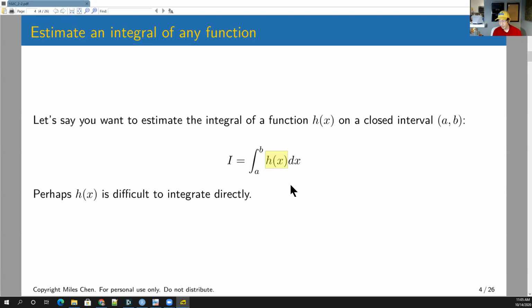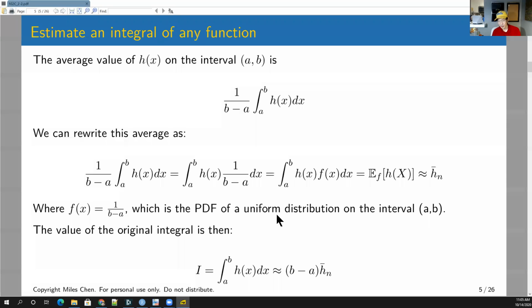There's no closed form solution, and I've forgotten how to do all of those integral tricks. There's all sorts of different tricks you can do to figure out the solution for an integral, but in some cases it's still really hard to compute the integral.